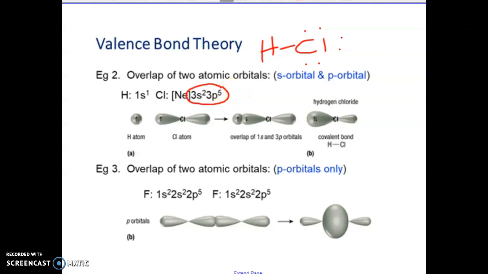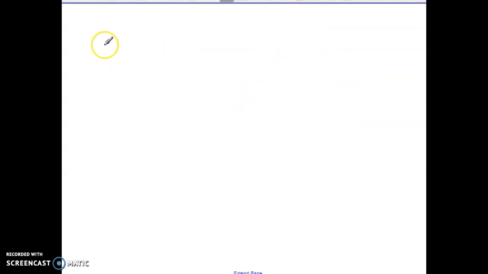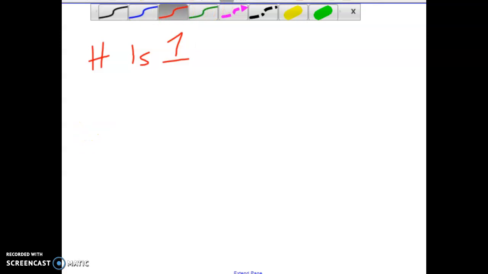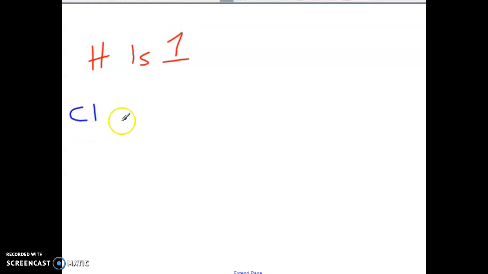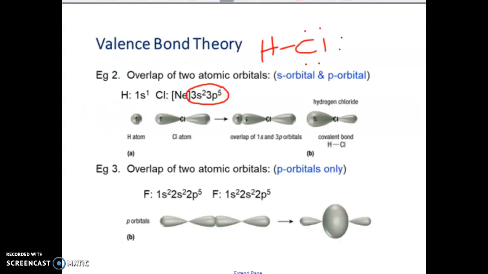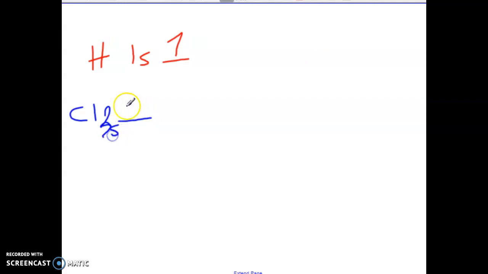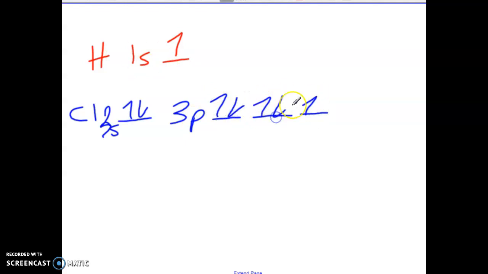So let me kind of branch off and do this on another page here. So we have hydrogen, the 1s, right? That's our hydrogen orbital that's going to be ready to fill in here. But chlorine, and I'll use a different color for chlorine, chlorine's valence shell is really 3s filled and 3p that has 1, 2, 3, 4, 5.